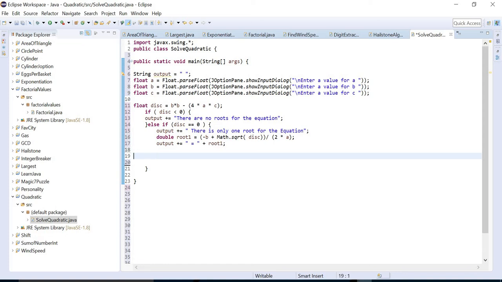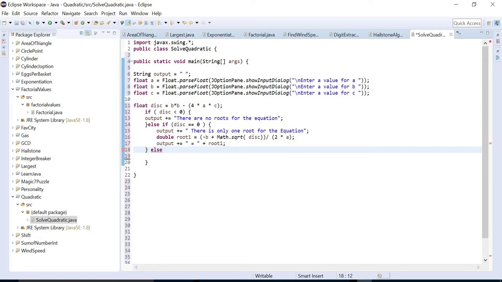Now else, where's else? Else if, wait, no, else, not if, we're done with the if, we ended that, we're having another else, and then if it's not that, that means there are 2 roots for the equation, okay?